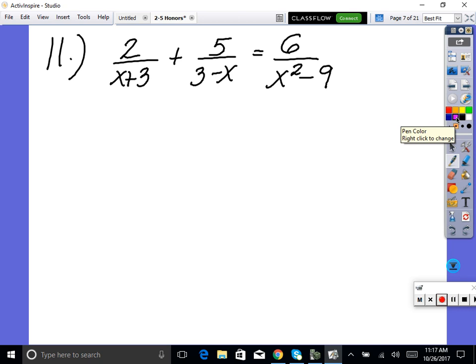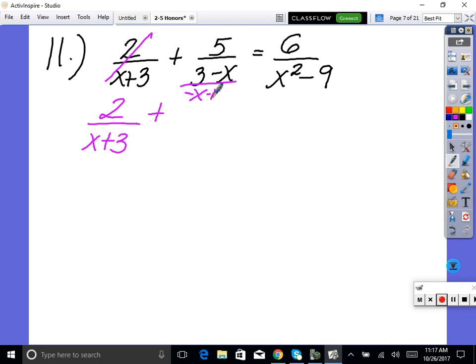Okay, our first step is to get a least common denominator. Now look, guys, if you don't factor out your denominators, you're not going to catch that this already has some stuff in common with this. So you've got to factor out your denominators completely. So rewrite your denominators in factored form. 2 over x plus 3, that doesn't factor. Plus 5, well, what does this factor to be? Well, to know, we've got to rewrite it in standard form.